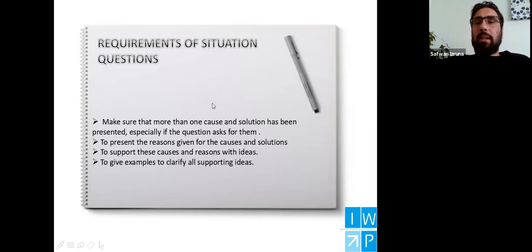We can't just say that this is a cause. We need to say that this is a cause, and we need to prove it. We need to explain why we believe that this is a cause for a problem. So we need to give reasons, support, and examples for these problems and solutions.